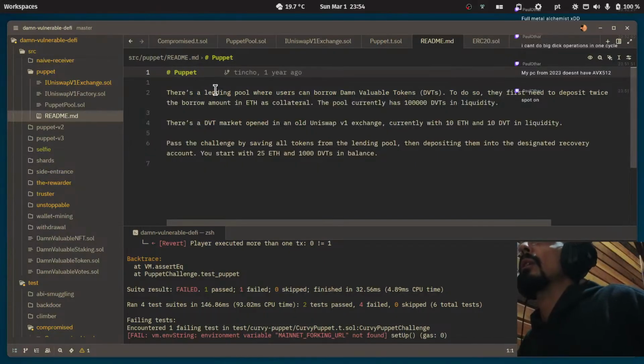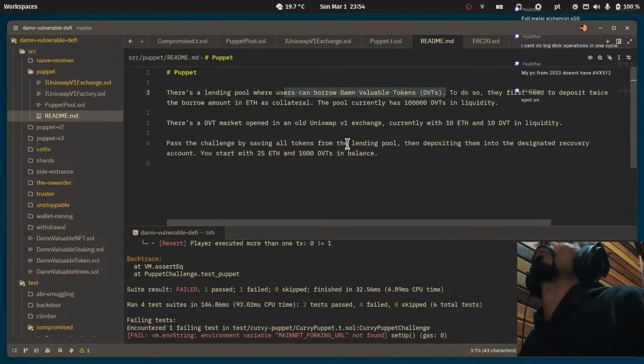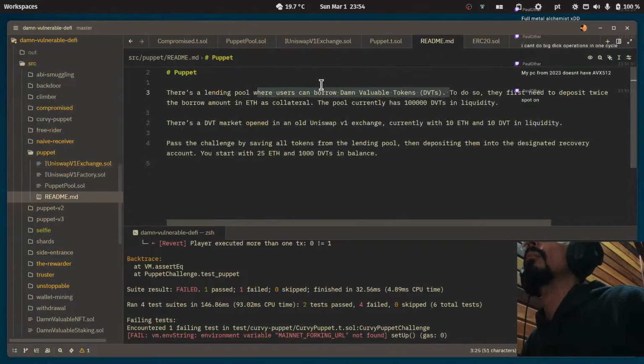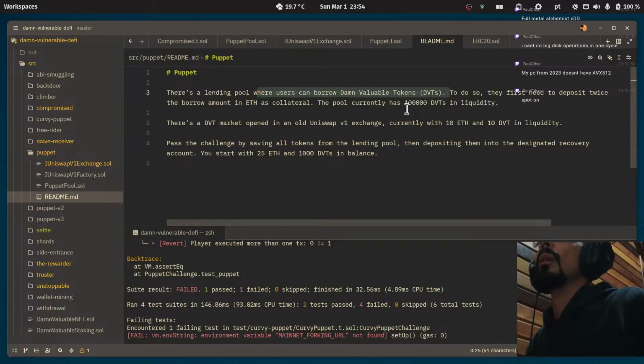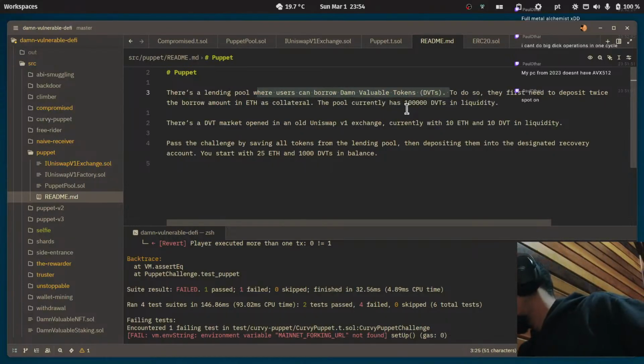Let's read again what we need to do. So that's a lending pool where users can borrow. Oh, we can borrow. Oh, yes, we can borrow. So that's the thing. You can borrow. So what we need to do, we need to borrow a lot of DVTs. Wait, we cannot borrow.